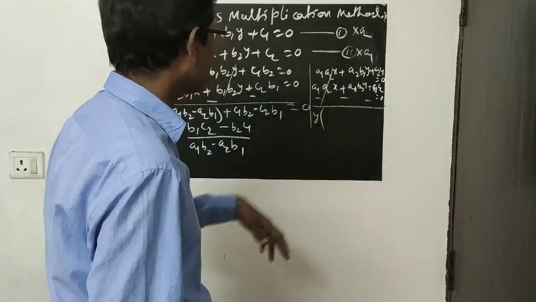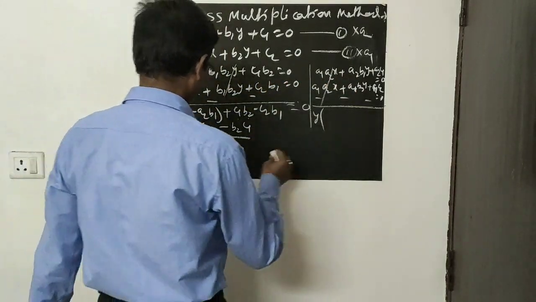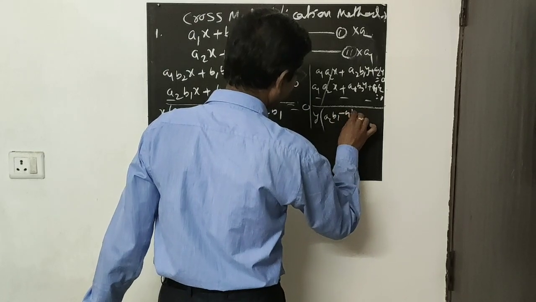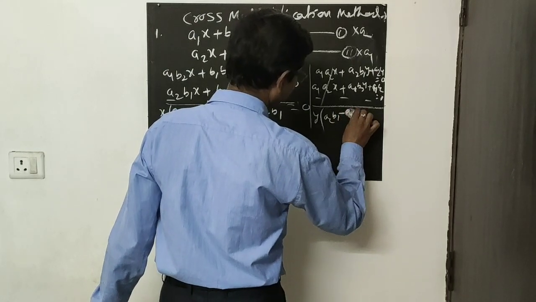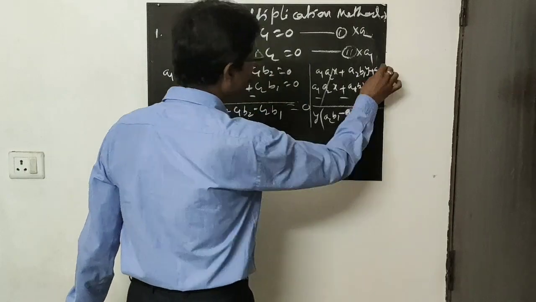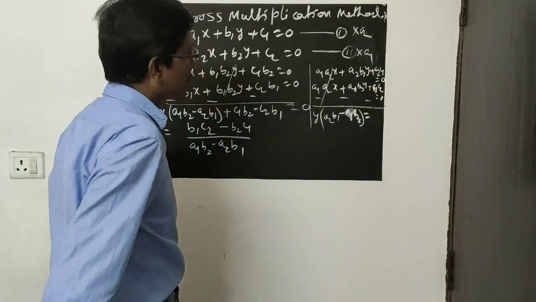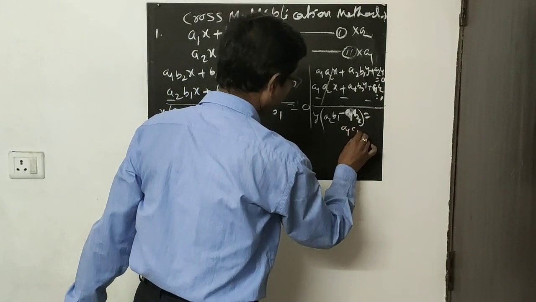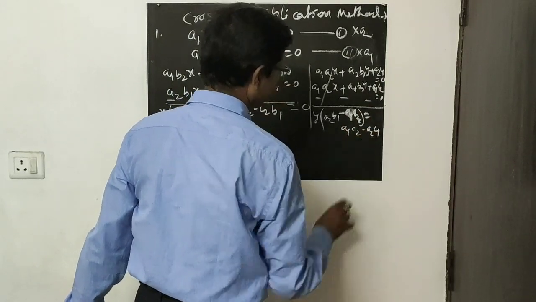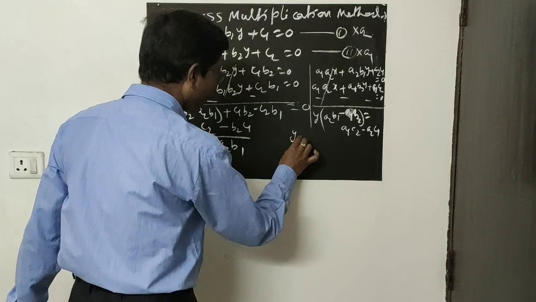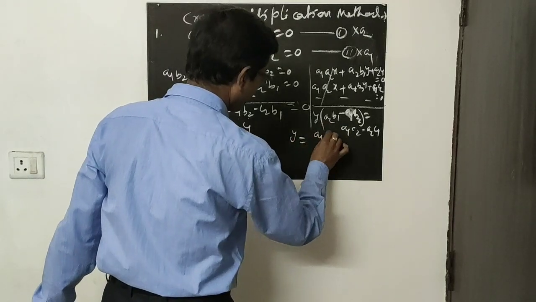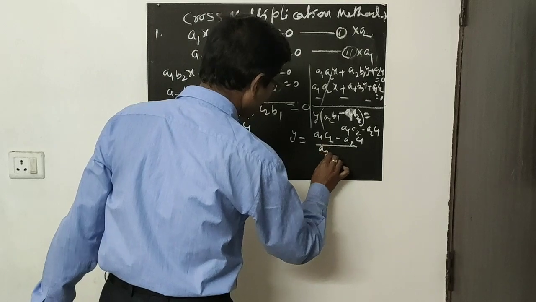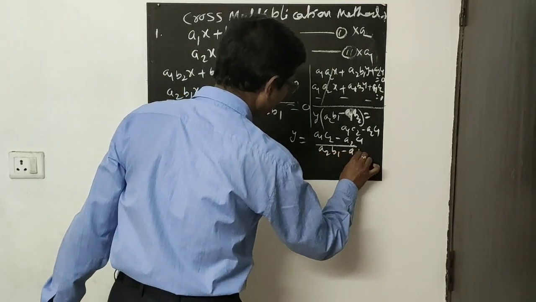So it comes a2 b1 minus a1 b2, times y, is equal to a1 c2 minus a2 c1. So ultimately y is equal to a1 c2 minus a2 c1 by a2 b1 minus a1 b2.